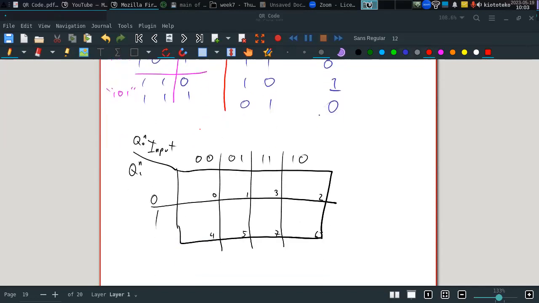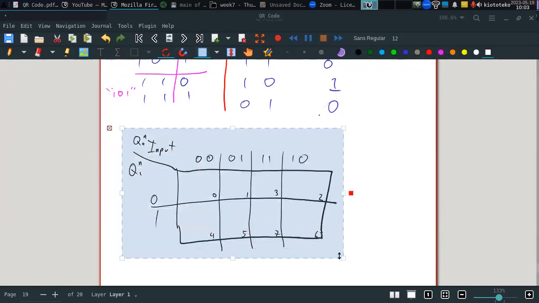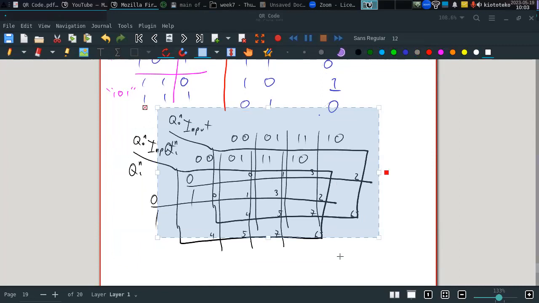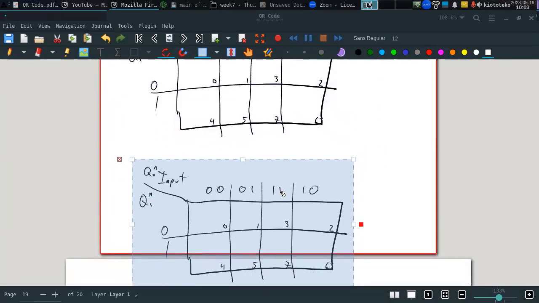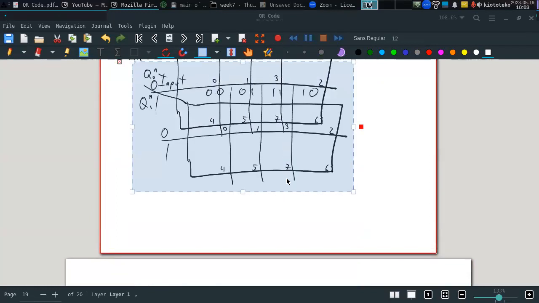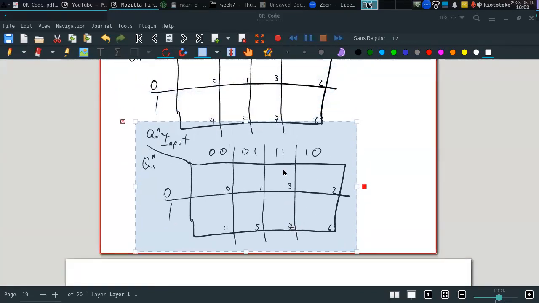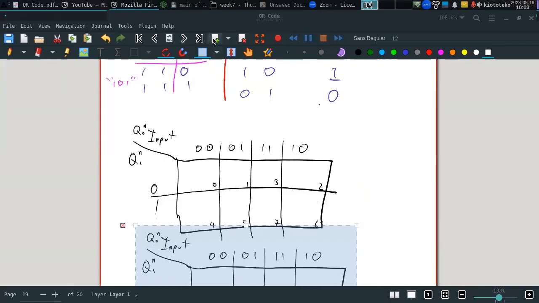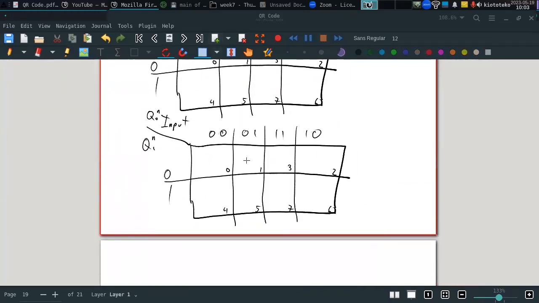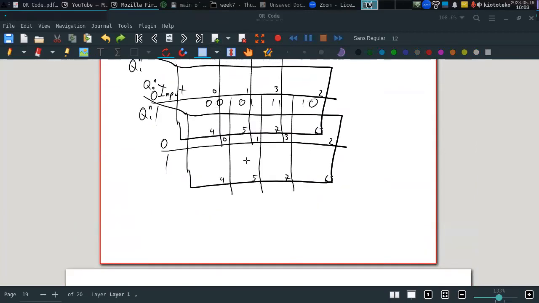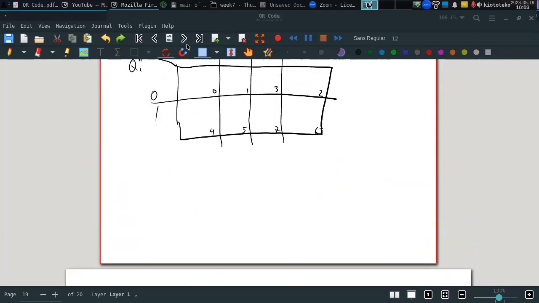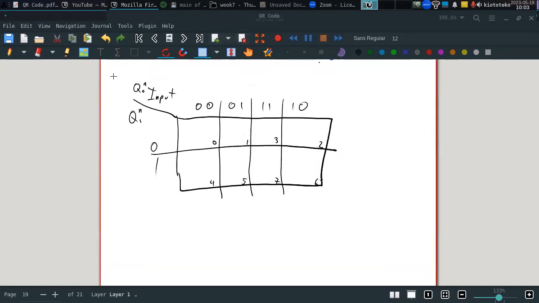Oh, okay. We need 3 of these, no? One for each of the outputs.